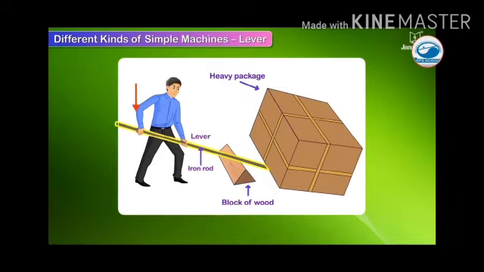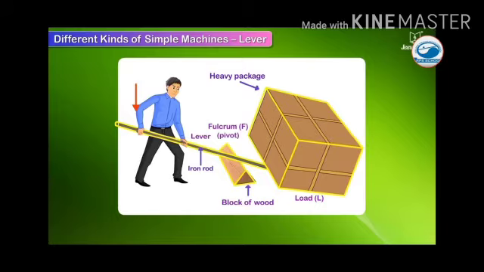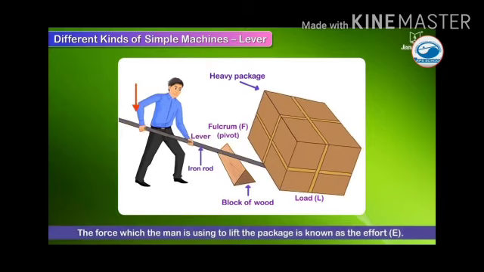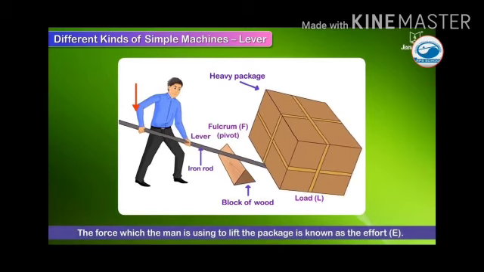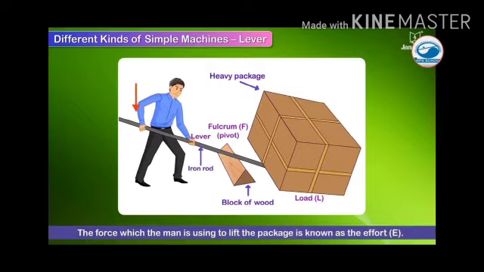Here the iron rod is the lever. The package to be lifted is the load. The wooden block is the fulcrum, also called a pivot, which is the fixed point of the lever. The force which the man is using to lift the package is known as the effort.